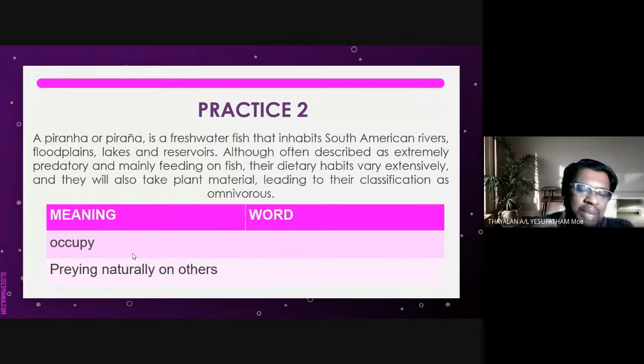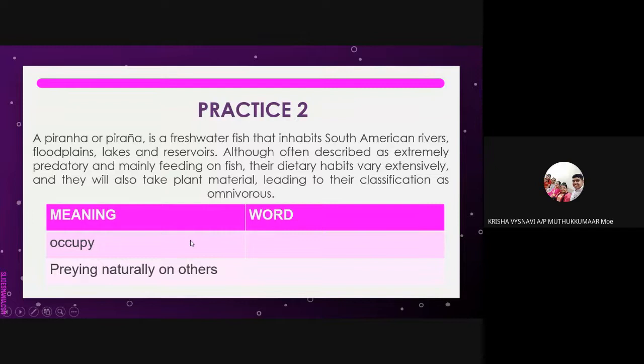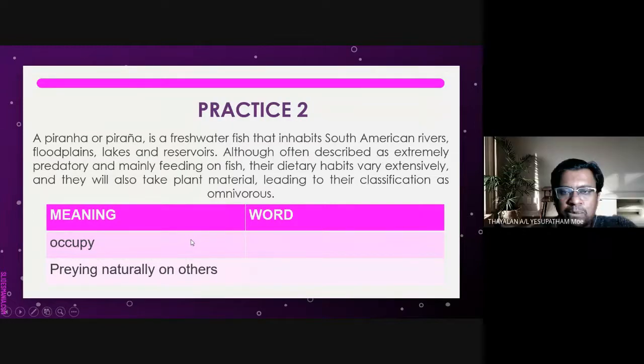Do not simply try for the sake of trying. Look at the word occupy. It means to stay in a place. Now, if you read the text, which word shows the idea that this particular word means the same? Inhabit. Very good. Inhabits.